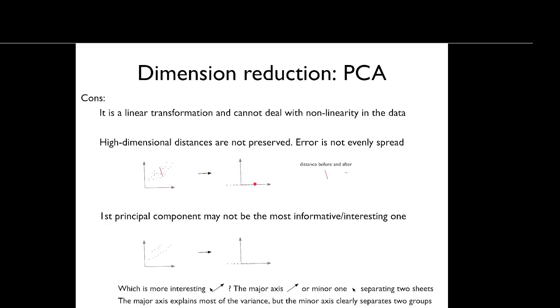A second aspect is that the first principal component may not be the most informative or interesting one. Now, that is not necessarily a disadvantage. We can also use it to our advantage. And let's consider practically what that means. Now imagine this was our data.